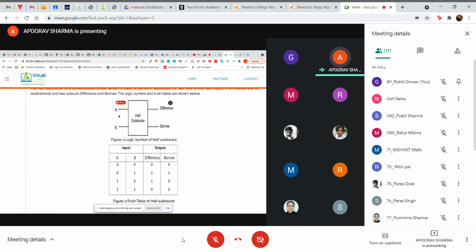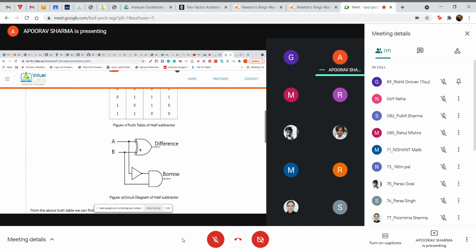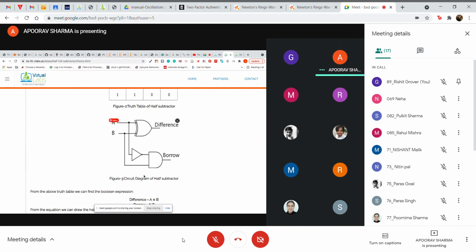Now if you have two inputs, this is your black box representation of your half subtractor. So this black box represents what? This circuit.